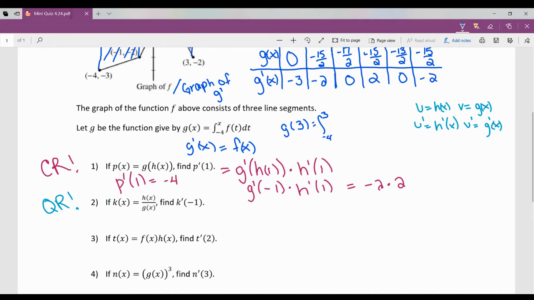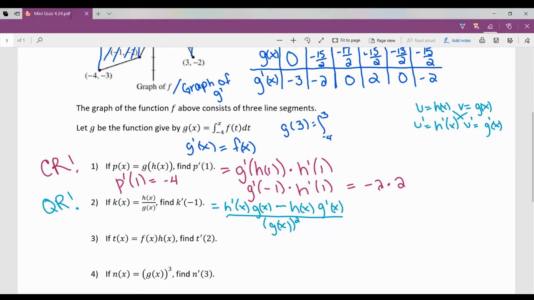So when we do the quotient rule, it's equal to U prime V, H prime of x, G of x, minus U V prime, H of x, G prime of x, all over V squared. So G of x squared.